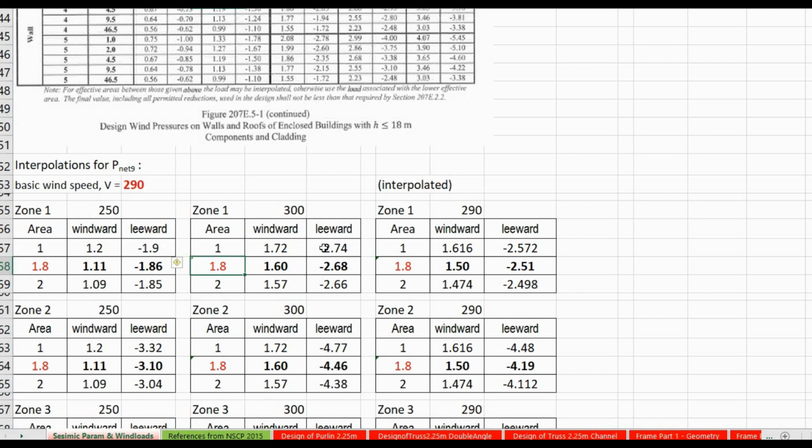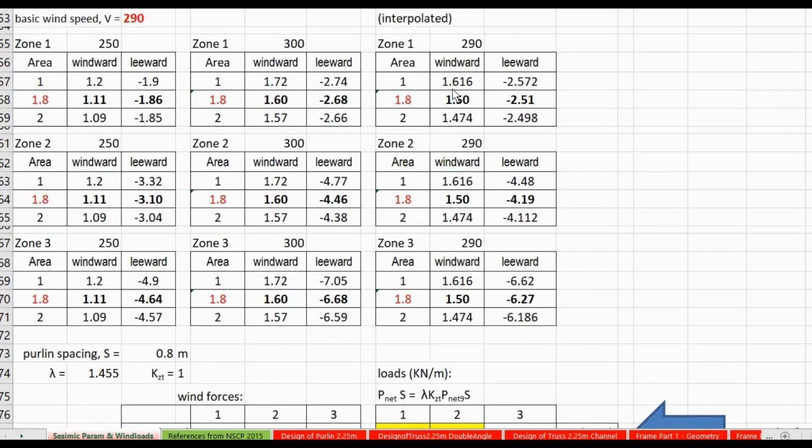Now, let's go to our actual wind speed na 290. So, remember, 290 is between 250 and 300. Next, we will interpolate this. So, windward area 1 for 290. This is taken from 1.2 and 1.72.